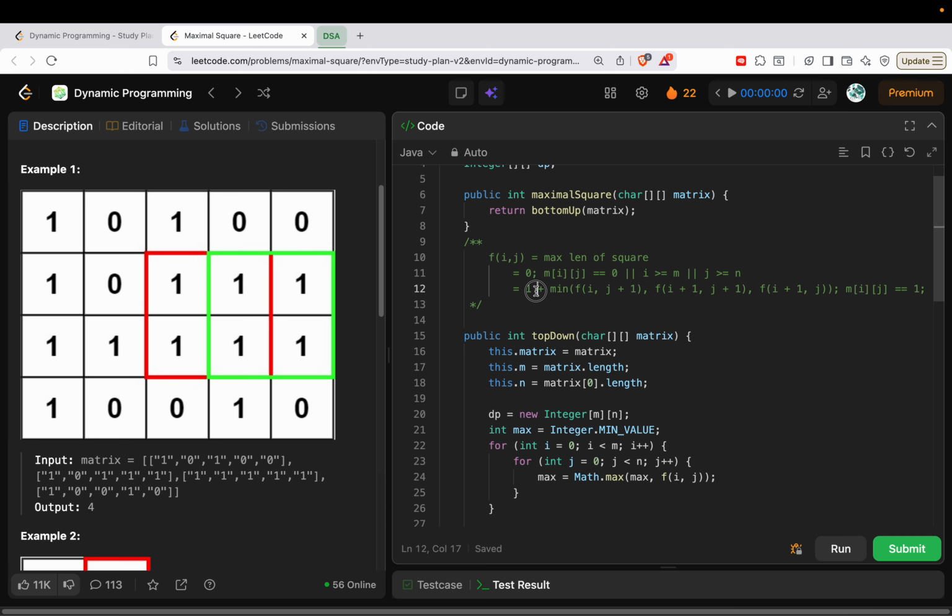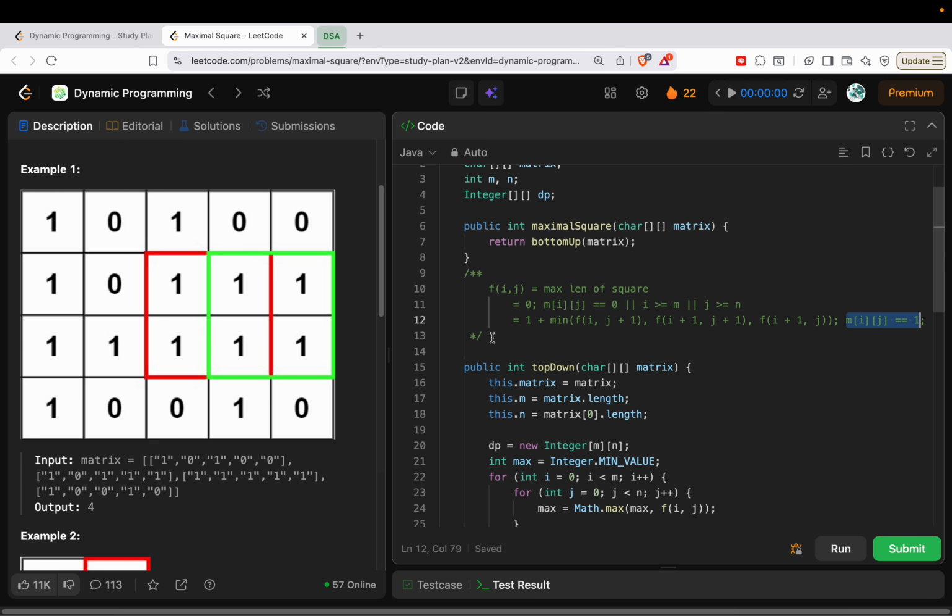Or else I will contribute this as a single unit for my length, plus the answer coming from the right, diagonal, as well as bottom. This is the answer coming from the right, this is the answer coming from the diagonal, and this is the answer coming from the bottom, where the current cell consists of 1, right?